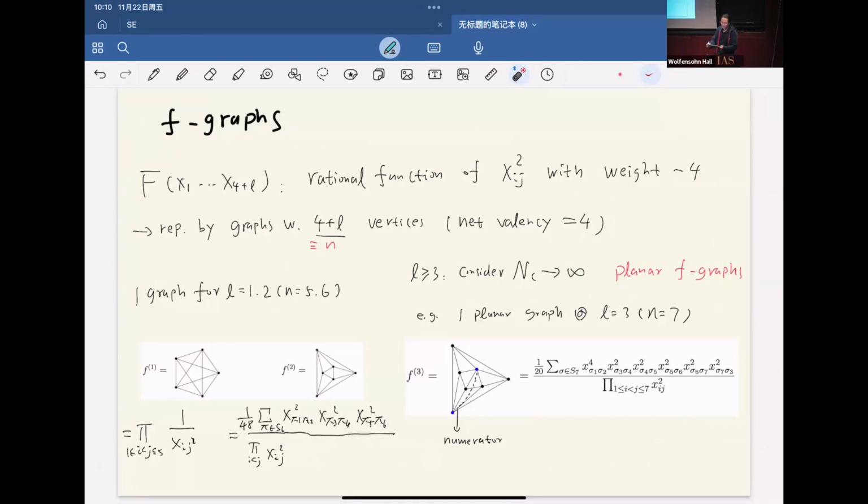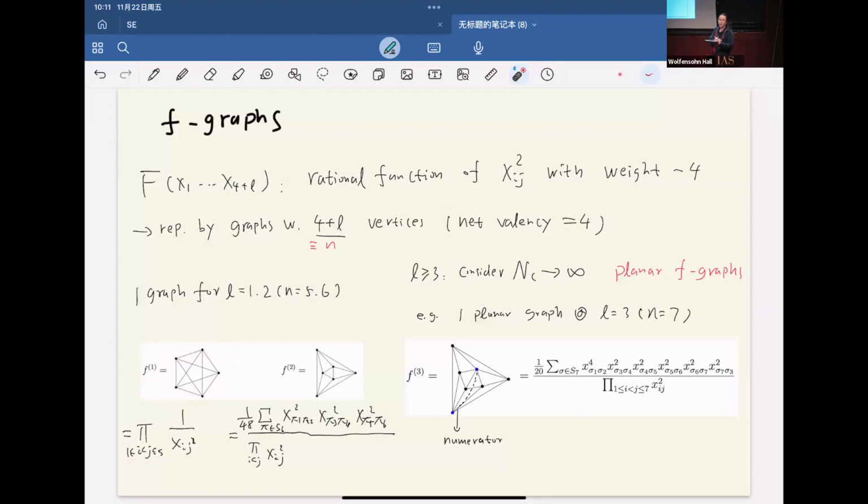So you have some graph that depends on L plus 4 points. The first case being one loop, 5 points, some graph that has 5 vertices, and it has to have valency 4, because every edge here represents an x_ij squared in the denominator. So this is just 1 over all the x_ij squared, the first case. This is the complete graph for the 5 points.